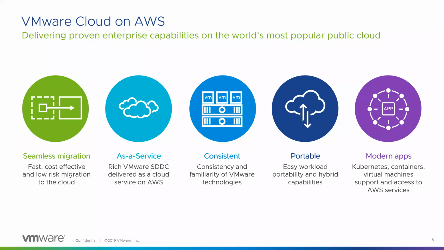It's consistent, it gives you unrivaled portability, and there are also some interesting economic benefits, which we'll talk about in just a minute. And because it's vSphere, you'll get all of the great features coming in vSphere, especially vSphere 7.